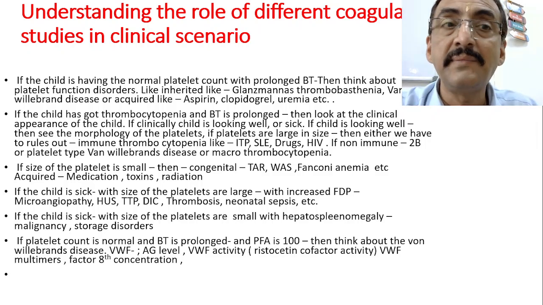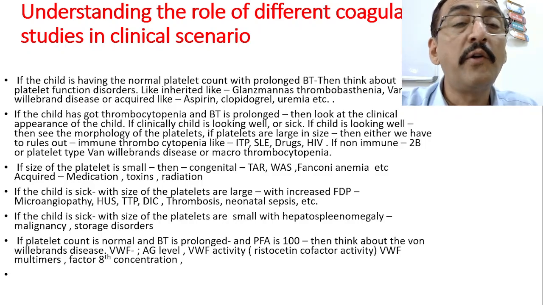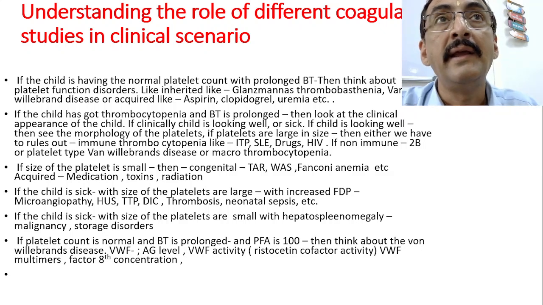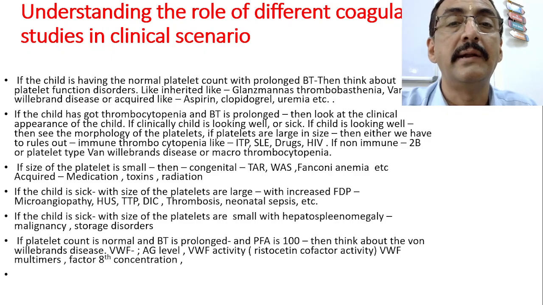So there are inherited disorders like Glanzmann's thrombasthenia, von Willebrand disease, or acquired conditions like intake of drugs like aspirin and clopidogrel, as well as uremia.